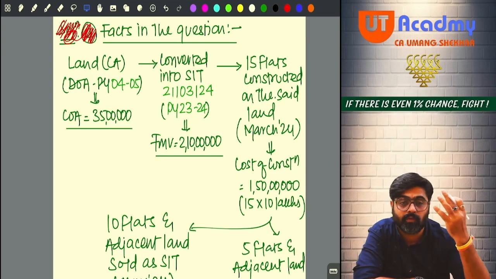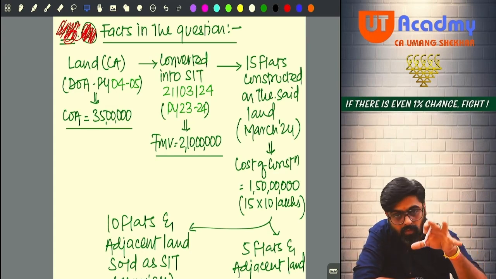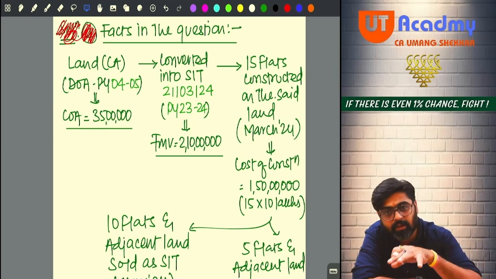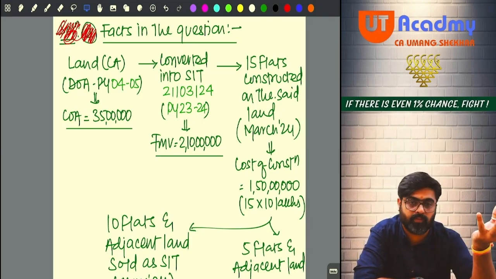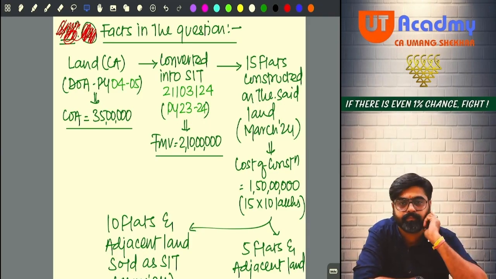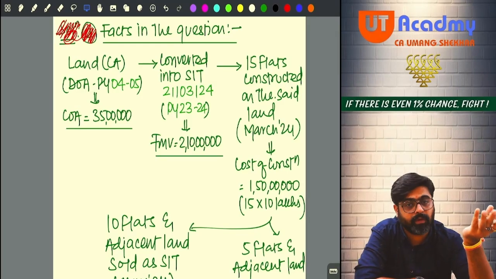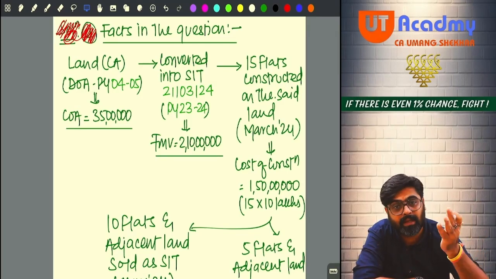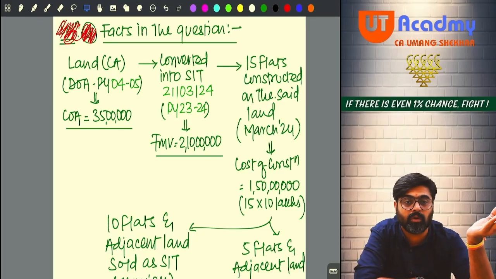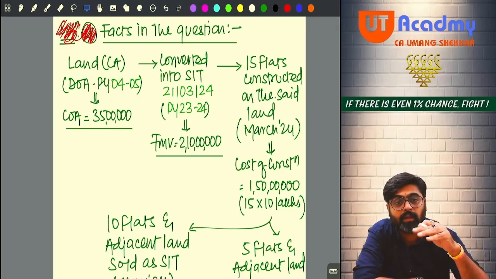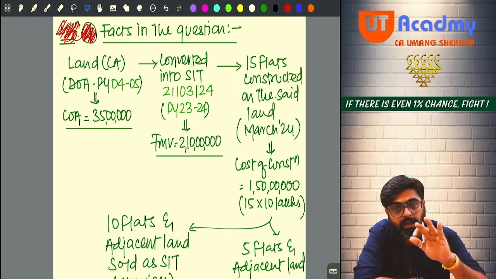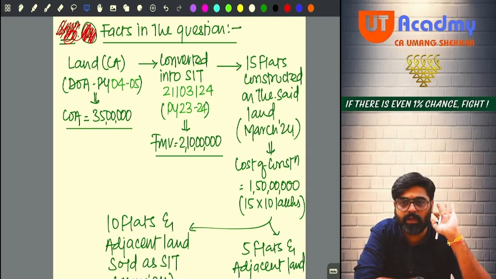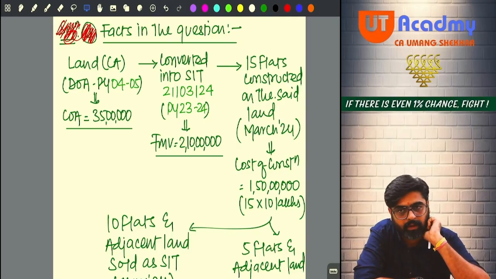So the 15 flats which you have constructed on that land, this land is being sold along with that flat as a stock in trade. But all the 15 flats you are not selling. You are selling only 10. Meaning the entire land is not getting sold as stock in trade. Only the land which is occupied by those 10 flats, only to that extent the land is getting sold as stock in trade. Yes or no?